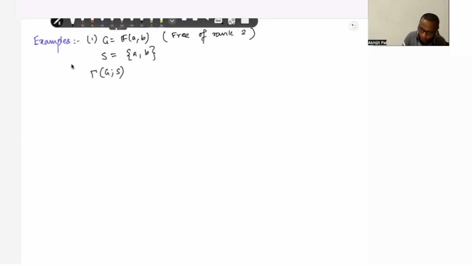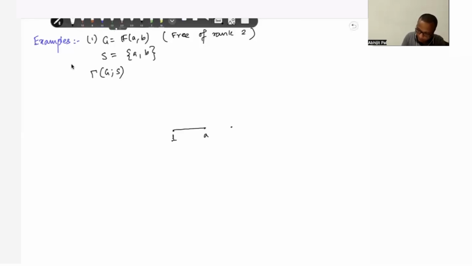First, let us start with the identity element 1, and let us take the generator a. So 1 inverse a belongs to the set S. Therefore there exists an edge between 1 and a.